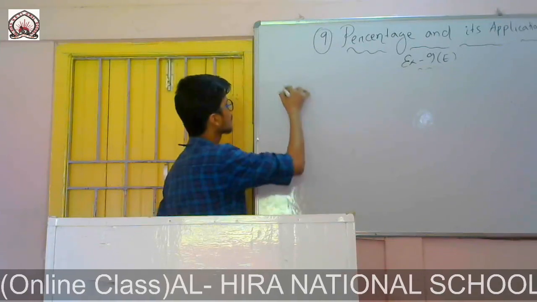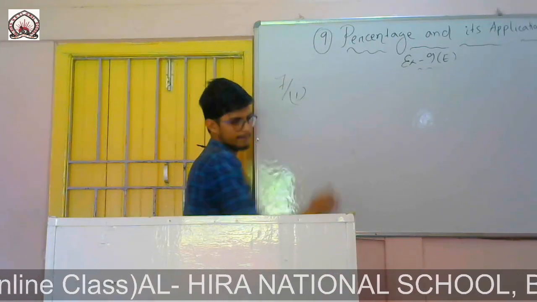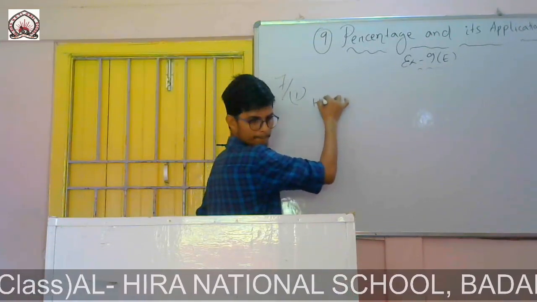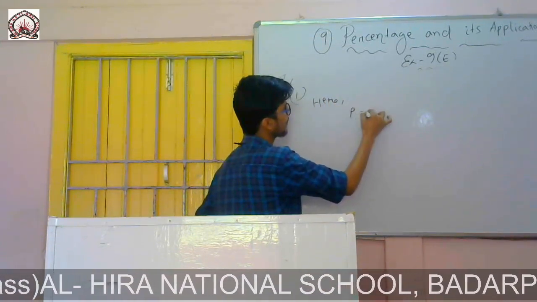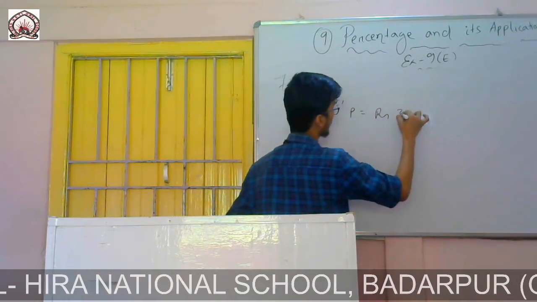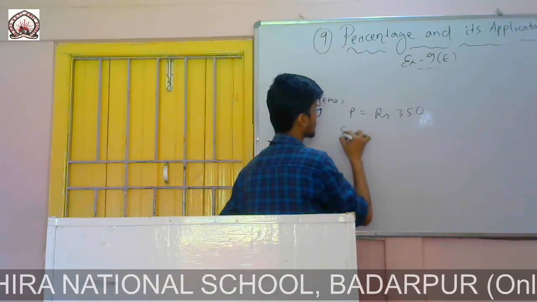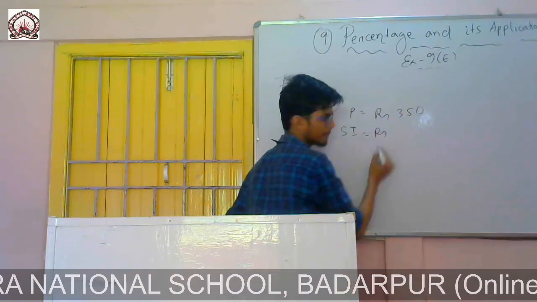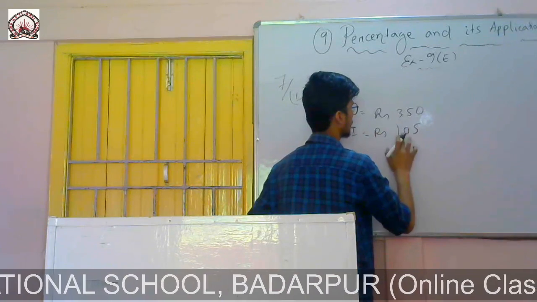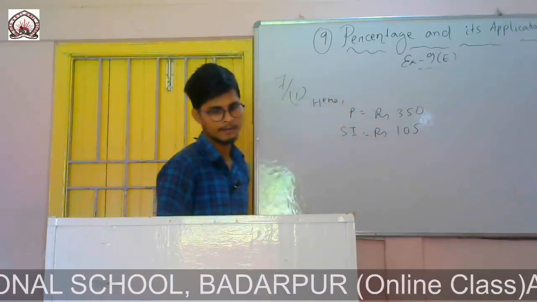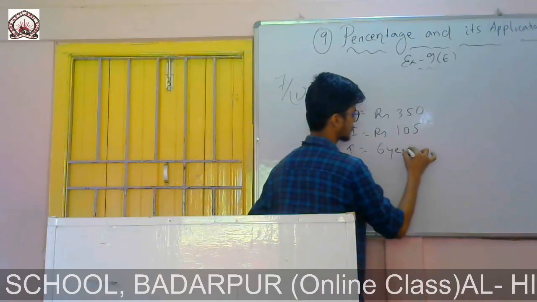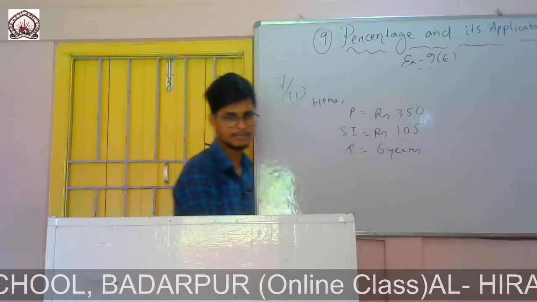Question number 7, Roman number 1. So here the principal is rupees 350. SI is given as rupees 105, and time is given as 6 years.